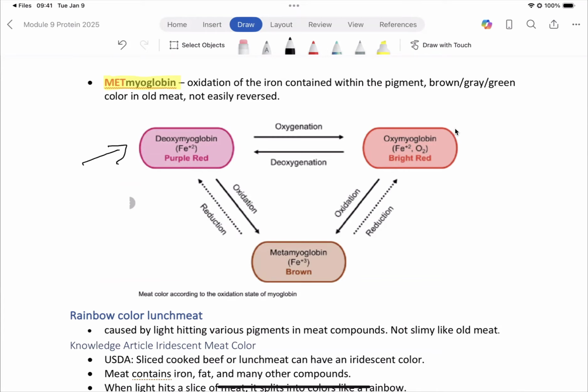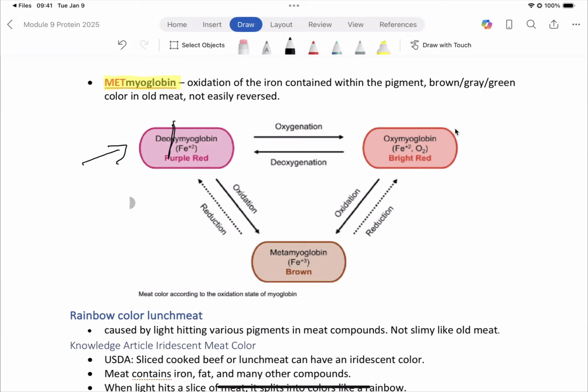What do you suppose deoxy means? Any guesses? Deoxygenation. That's right. That's a really good one, Trevor. So deoxygen, that means no oxygen. And when do we find deoxymyoglobin?